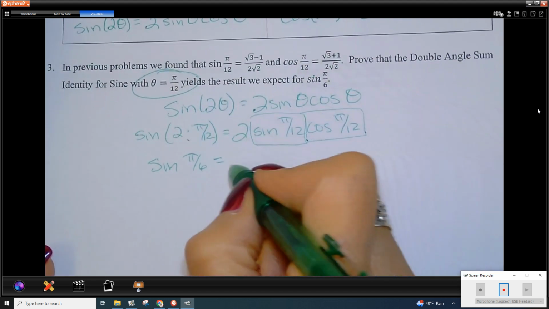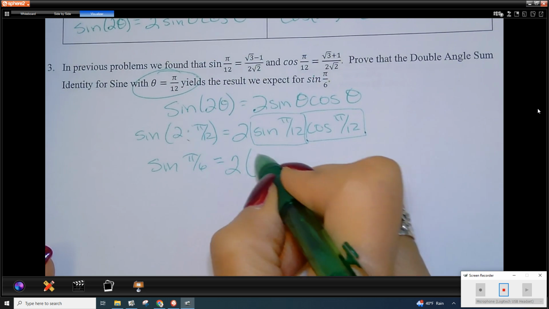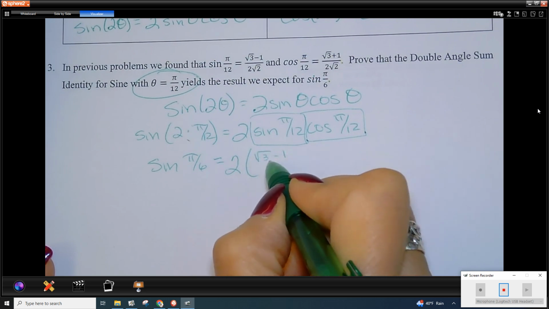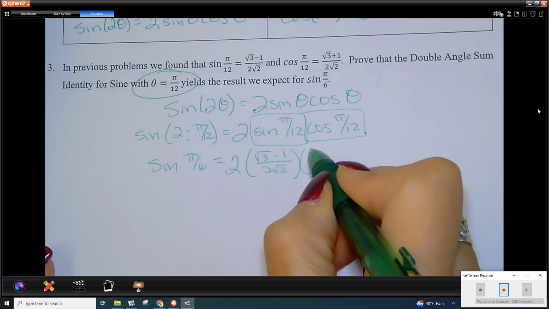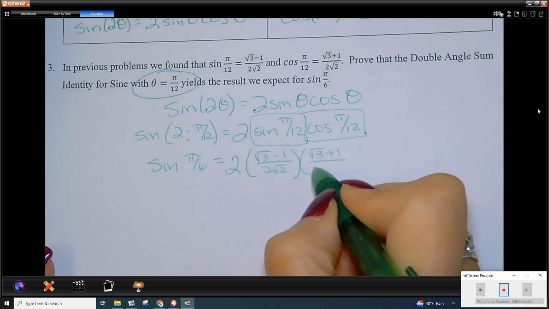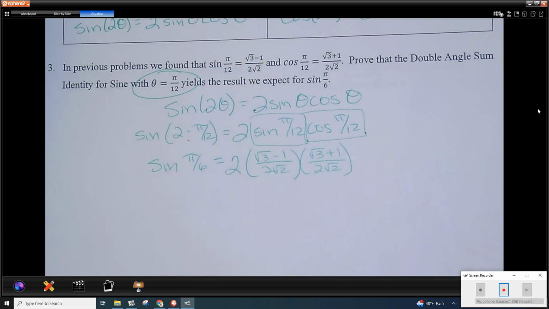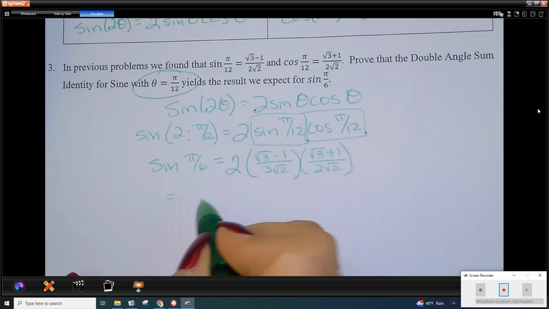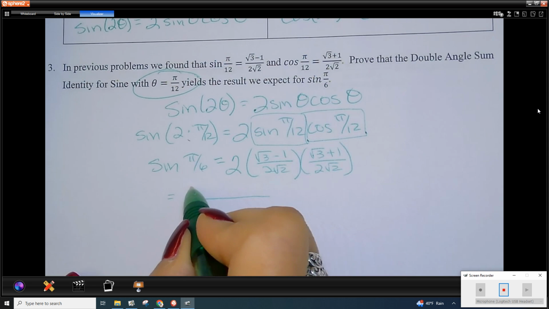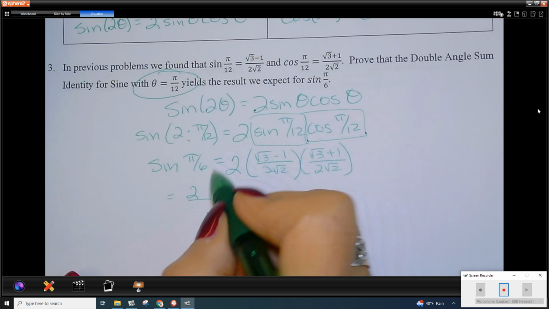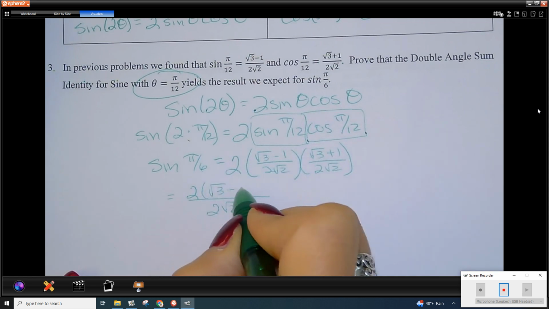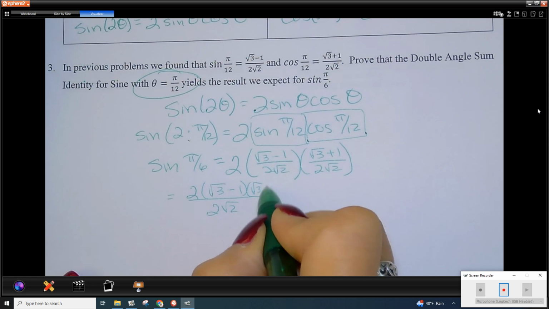So it is 2 times square root of 3 minus 1 over 2 square root of 2, and square root of 3 plus 1 over 2 square root of 2. Which is 2 over 2 square root of 2, square root of 3 minus 1, square root of 3 plus 1.